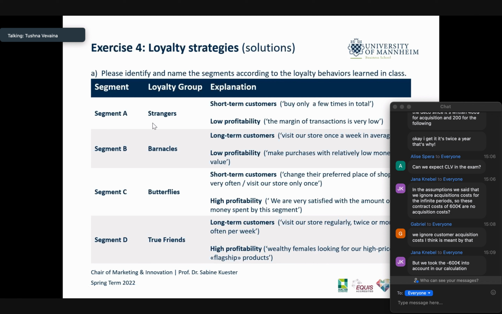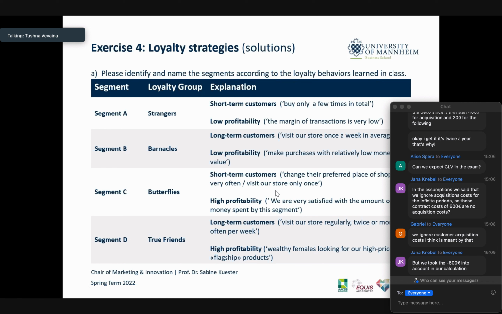So segment A that we saw, it was clear that these guys are strangers because of keywords like they buy only a few times and the margin is very low. Segment B, barnacles, because these guys were only making high value purchases once in a while and they were not so profitable, but they were long term because of the term that was there, visit our store once a week on average.